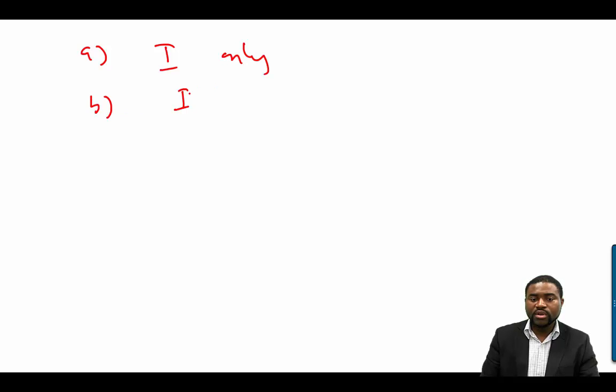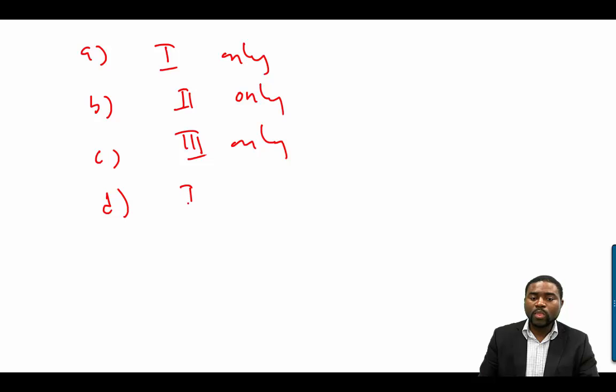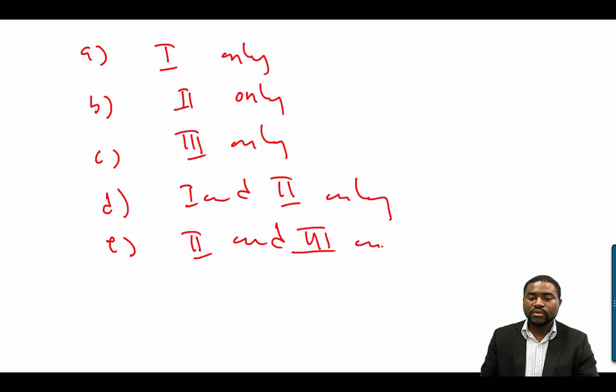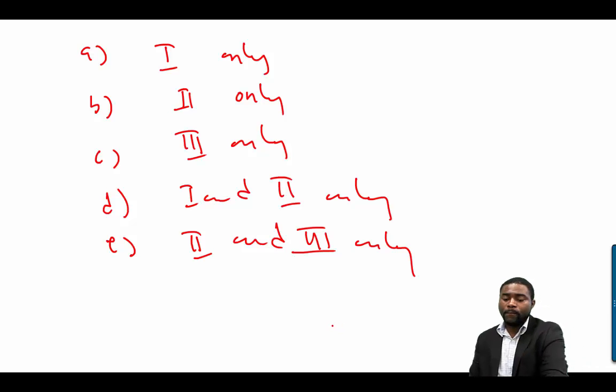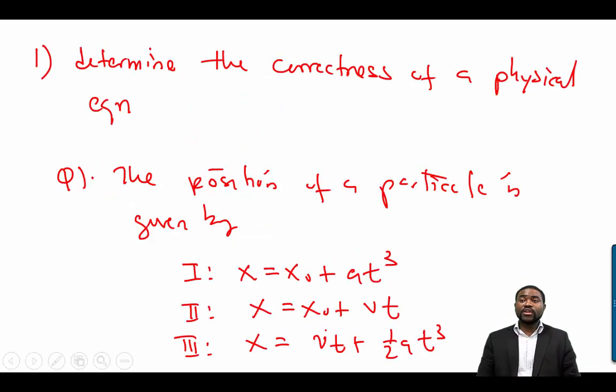A says 1 only, B says 2 only, C 3 only, D 1 and 2 only, E 2 and 3 only. Which of these is correct? So the question is this.